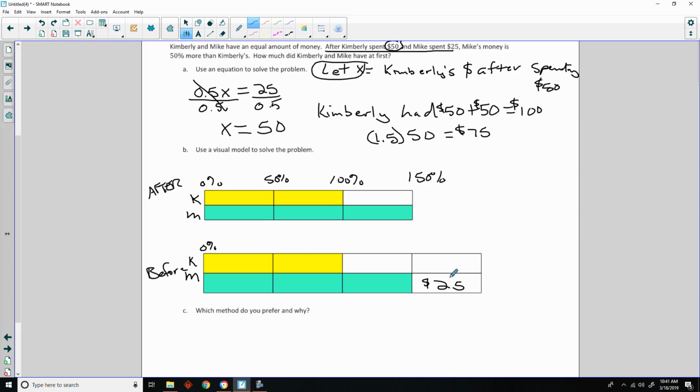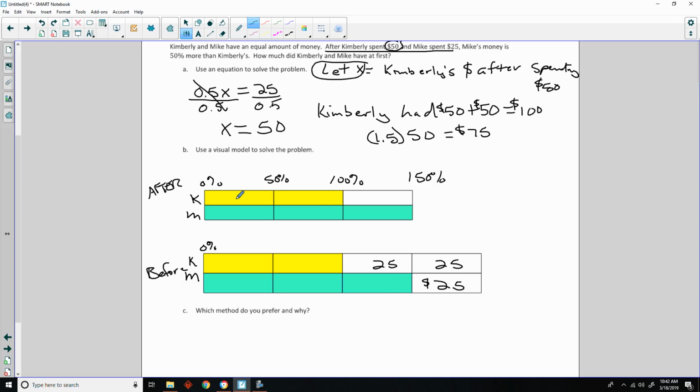Since he spent $25, this is what he had before. If these are all $25 squares, then each bar is $25.